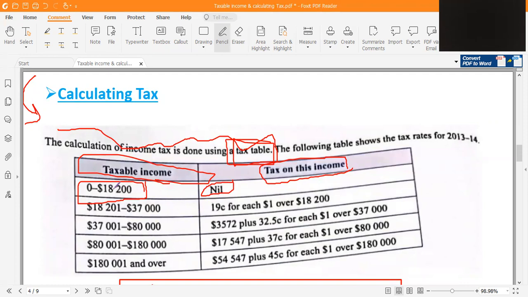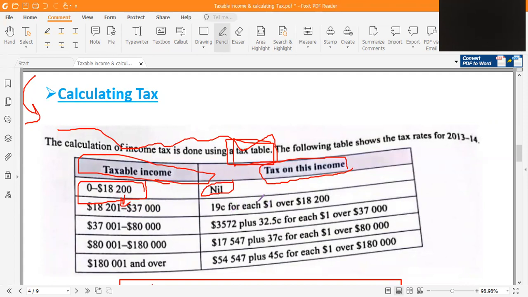If the taxable income is in the range of $18,201 to $37,000, we have 19 cents for each $1.